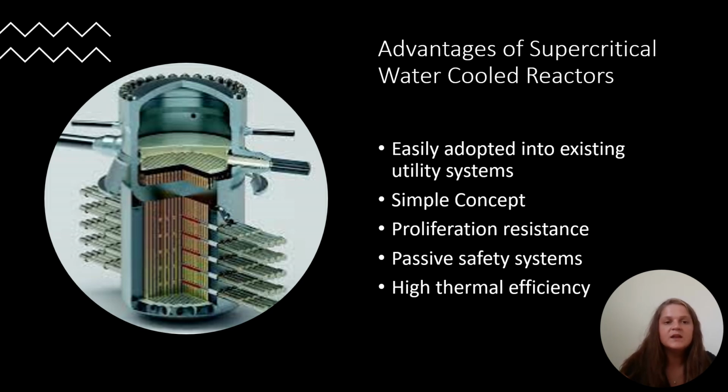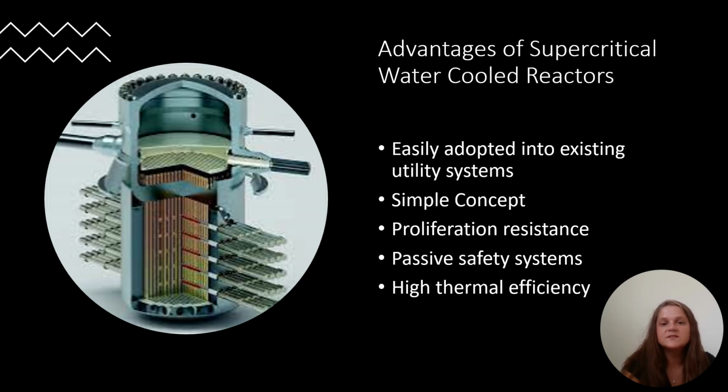One of the advantages of a supercritical water-cooled reactor is that once it's constructed, it can be easily adopted into existing systems of utilities because they're evolutions of the current fleet of nuclear reactors, and most utilities operate on nuclear and fossil fuel-fired power plants. They're also a relatively simple concept, which can be economically advantaged because it is a water-cooled reactor.